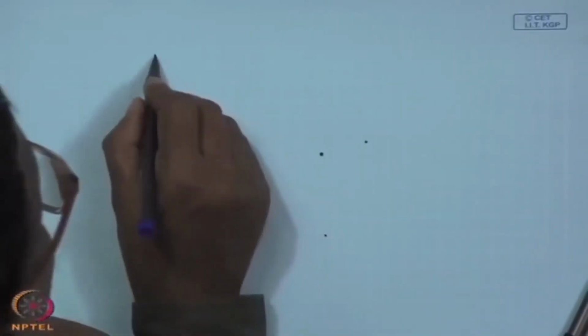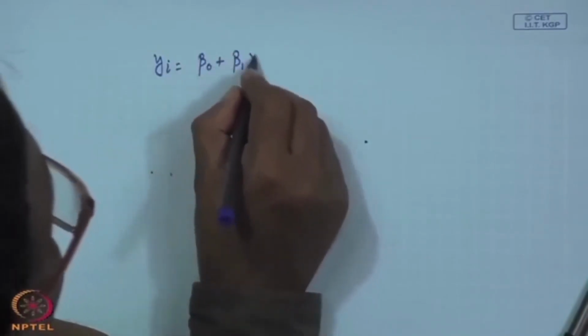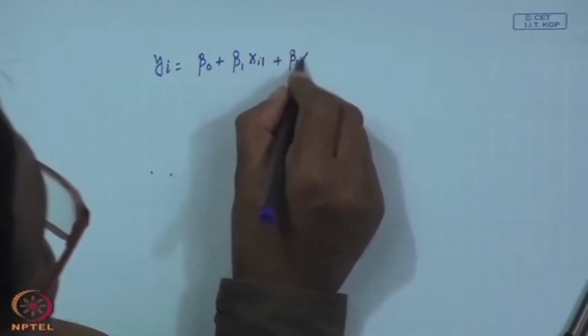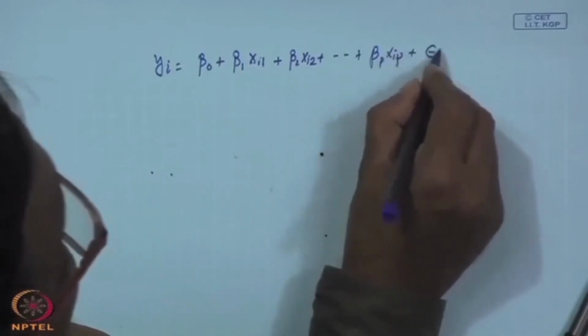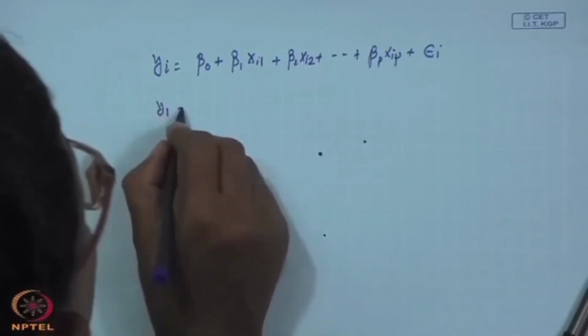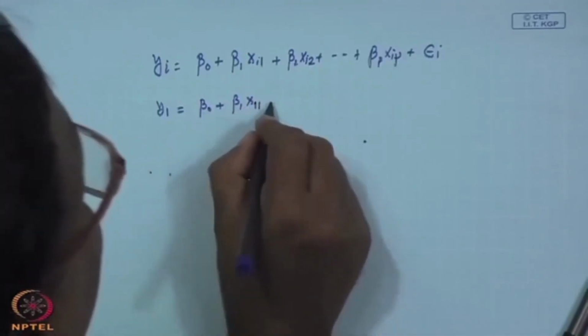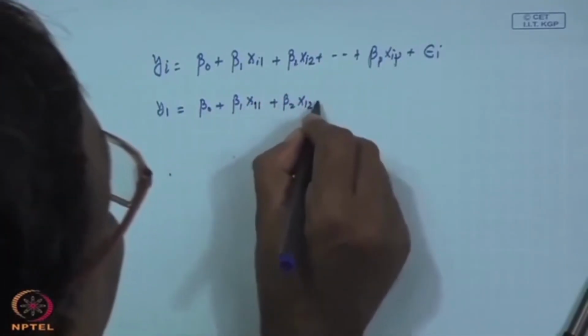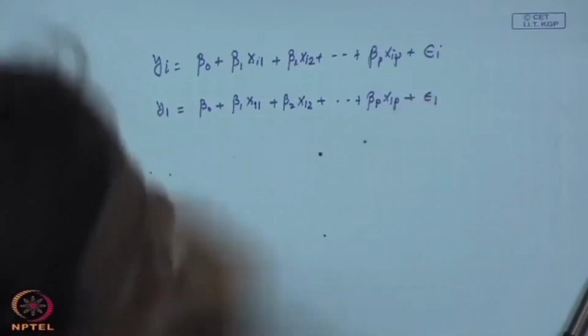Now, we have collected n data points, and we also have our regression equation: yi equals beta 0 plus beta 1 xi1, beta 2 xi2, like this beta p xip plus epsilon i. If I write it for all the observations, then y1 will be beta 0 plus beta 1 x11, beta 2 x12, like this beta p x1p plus epsilon 1.